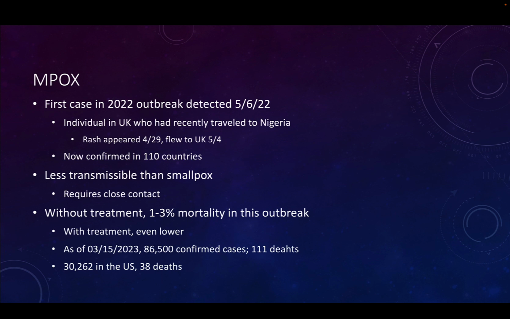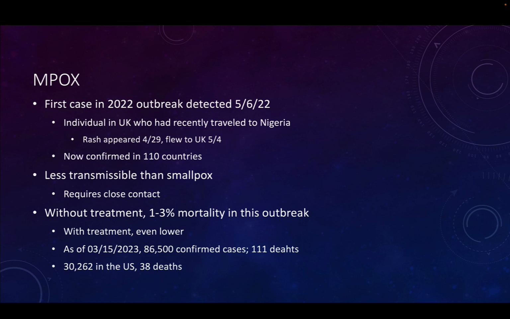I just checked the data a couple days ago, so, mid-March of 2023, not even a year after the outbreak started. And cases have now been confirmed in 110 countries. Fortunately, Mpox is less transmissible than smallpox. Smallpox was a very highly transmissible respiratory pathogen, whereas Mpox is less transmissible and does require close contact.